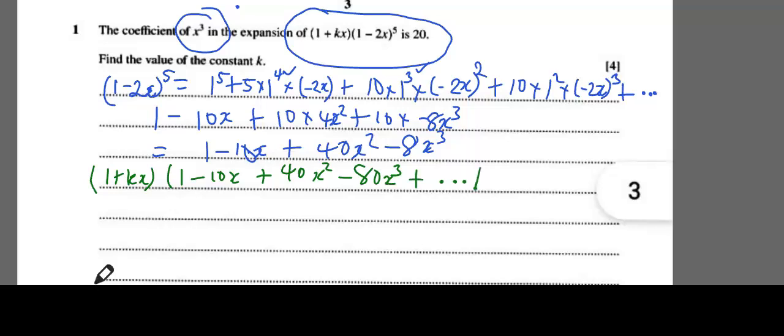Now that is the final one. So if we simplify, we can just take the coefficient of x cubed. So this is negative 80x cubed plus 40kx squared times x, so this is kx cubed.